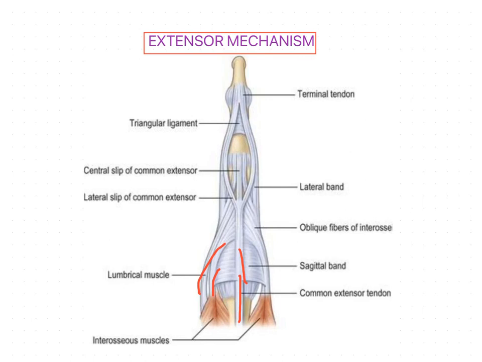The extensor digitorum tendon passes under the extensor retinaculum of the wrist, where it is protected by a synovial sheath. The tendon continues distally where it is not covered by any sheath, and it flattens to form an aponeurotic hood.